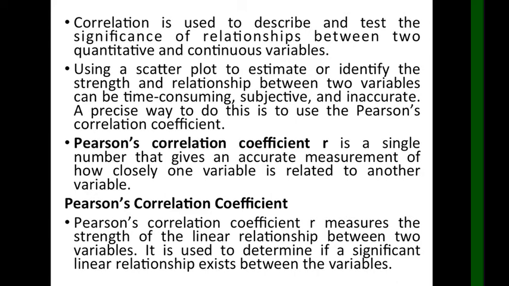Pearson product-moment correlation coefficient ay ginagamit to determine relationships between two variables. Okay? If one variable is related to another variable, if variable A is related to variable B or variable B is related to variable A. So that's the use of this Pearson's correlation coefficient.